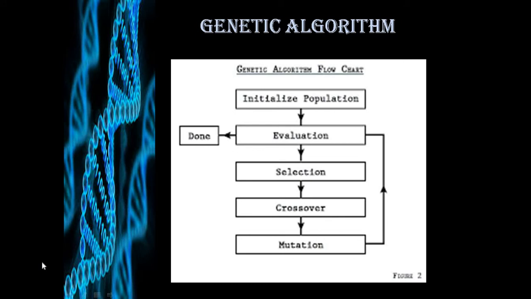Then it produces children from parents by making random changes to a single parent, that is mutation, or by combining the vector entries of a pair of parents, that is crossover. Then the next step is replacing the current population with the children to form the next generation, and the algorithm stops when the termination criteria is met.